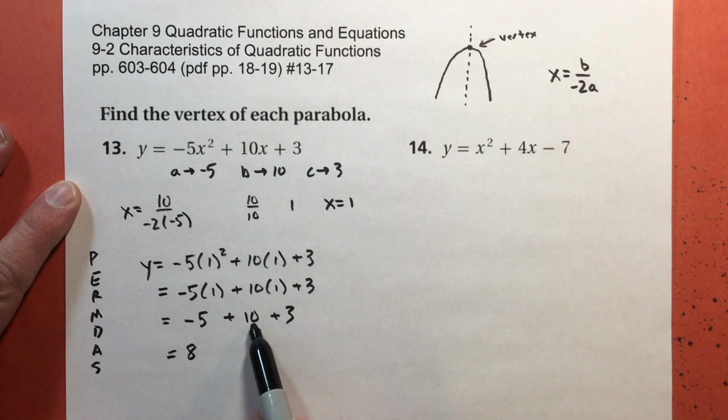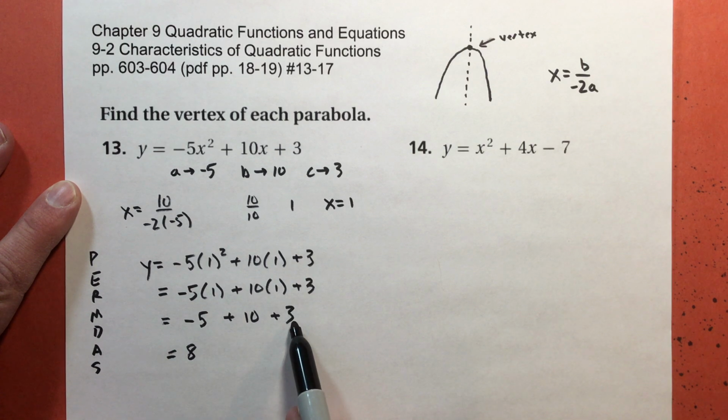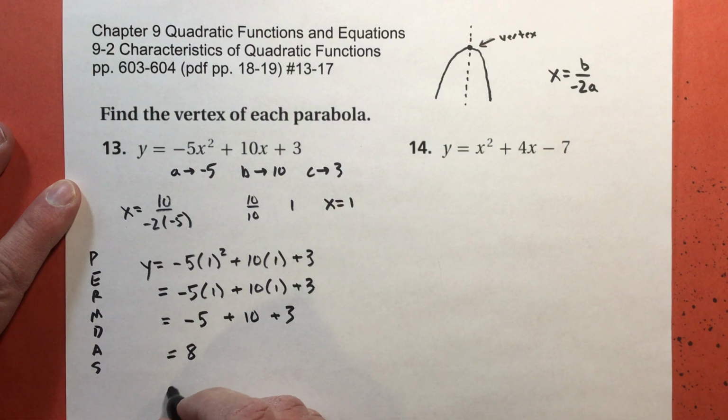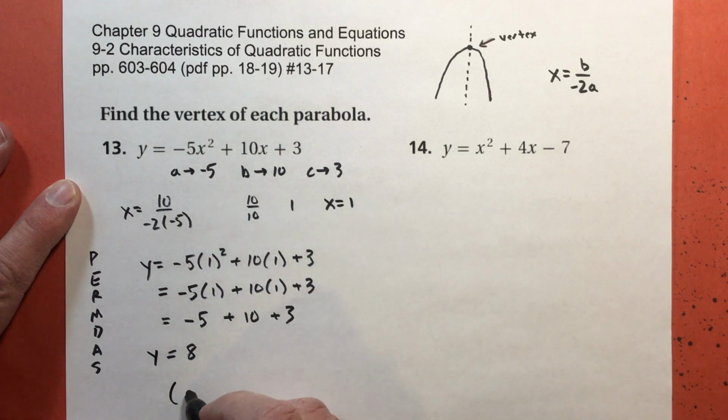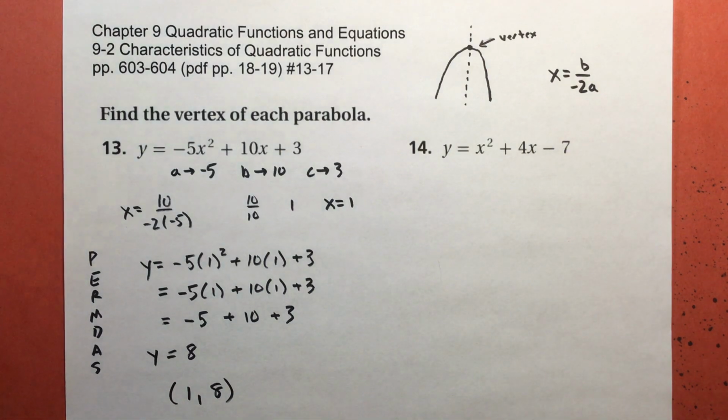Or -5 plus 13 equals 8. Or -5 plus 3 is -2, and -2 plus 10 also equals 8. It doesn't matter which 2 you pick. So that tells me that my vertex takes my x value, which is 1, and my y value, which is 8. And again, pause, rewind, do whatever you need to do.